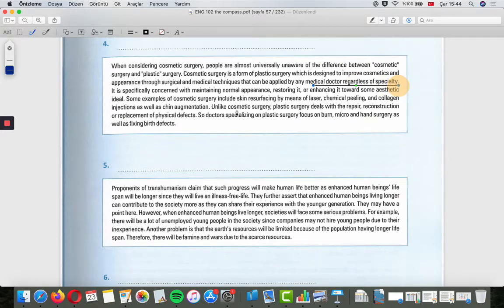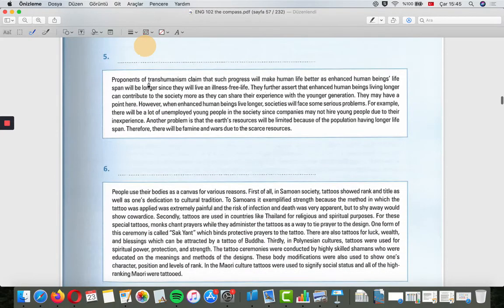Okay. Unlike cosmetic surgery, plastic surgery deals with the repair, reconstruction, or replacement of physical defects. Now, this paragraph talks about the differences of these two surgeries. Compare and contrast. Okay.